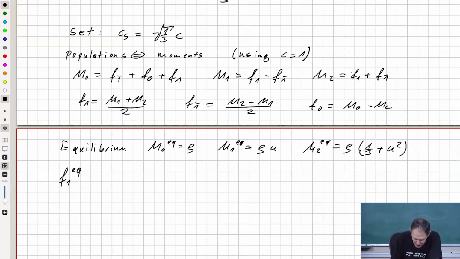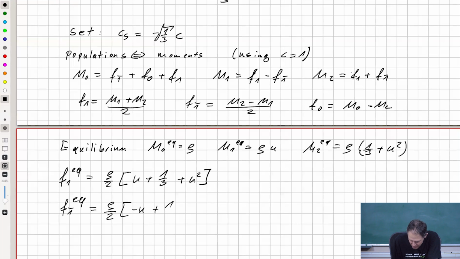So which means that if we plug these equilibria in, we get for F1 rho times 1/2 u plus 1/3 plus u square. Again, physicists get goosebumps. We add u to u square because they are dimensionless. F minus 1 is rho times 1/2, and the difference is just that here it is minus u plus 1/3 plus u square.